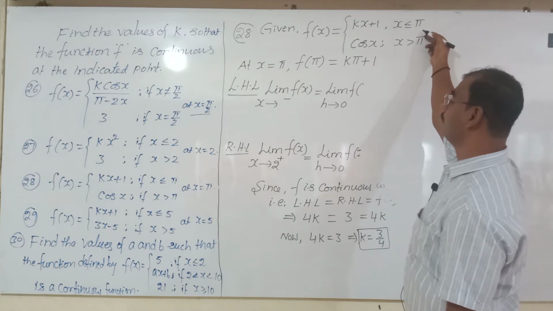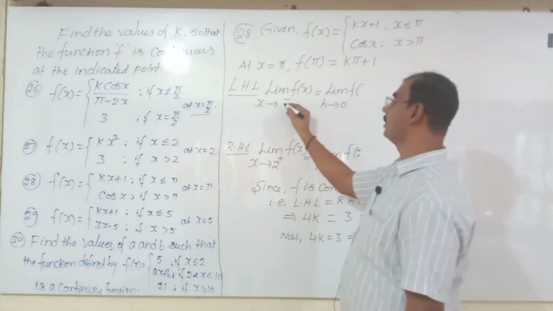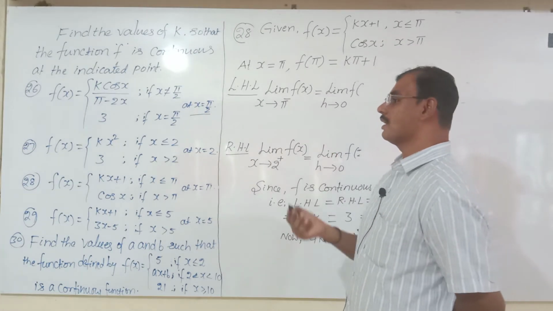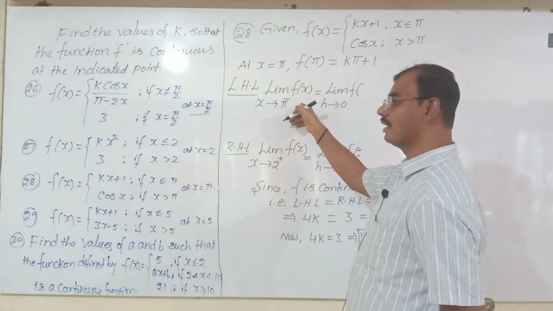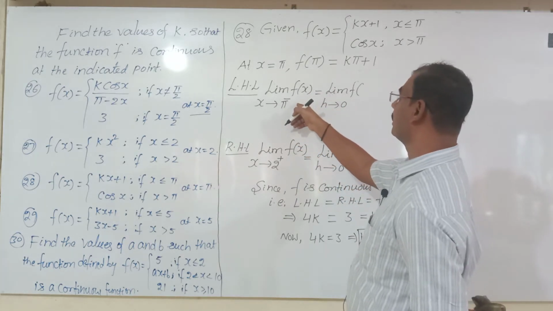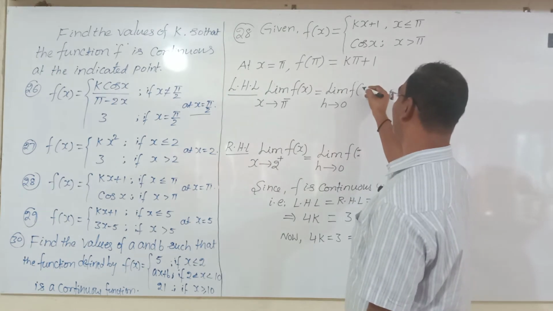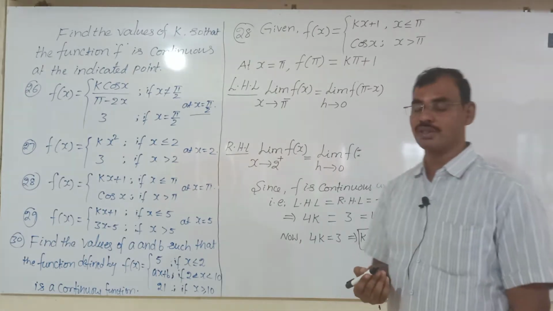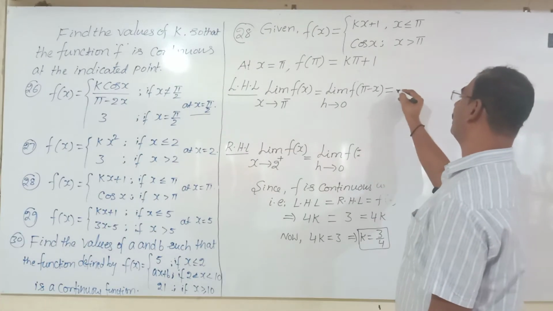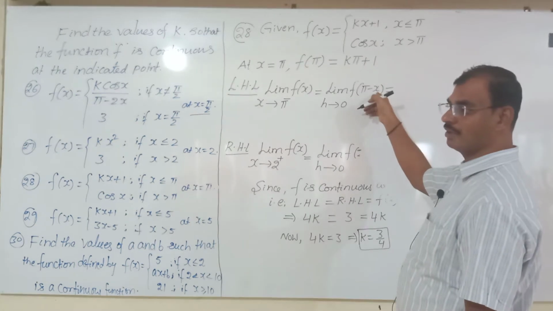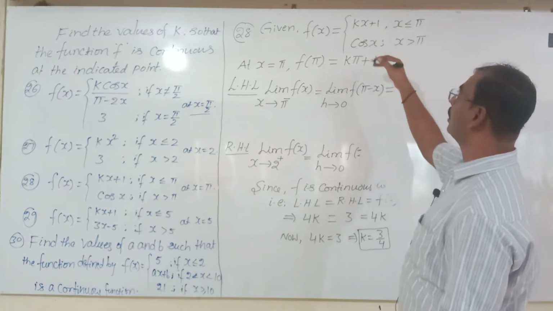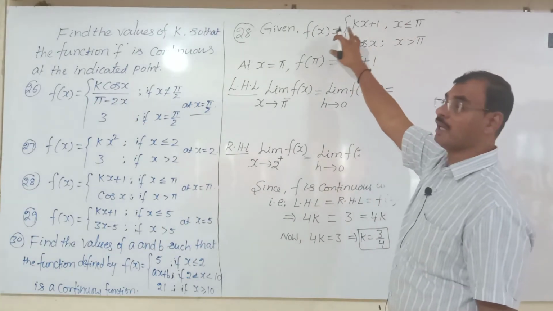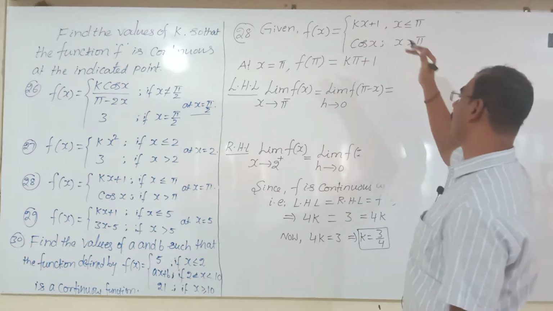So at x equal to pi, find the left hand limit. Limit of f of x as x approaches pi negative. I would change this to limit of f of pi minus h as h tends to 0. Pi minus h means smaller than pi. When x is smaller than pi, what is f of x? Kx plus 1.